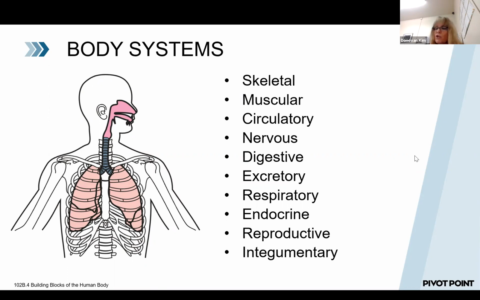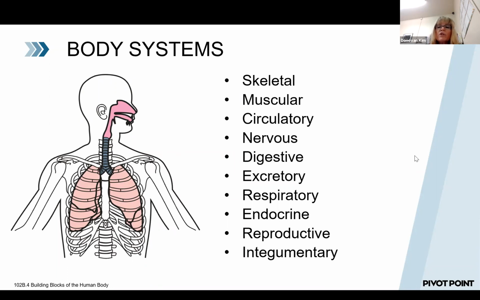And the next N is your nervous system. This right here is going to send and receive all of the messages to and from your body. Now, there are test questions. They may not ask you every single one of these systems, but they may ask you one.